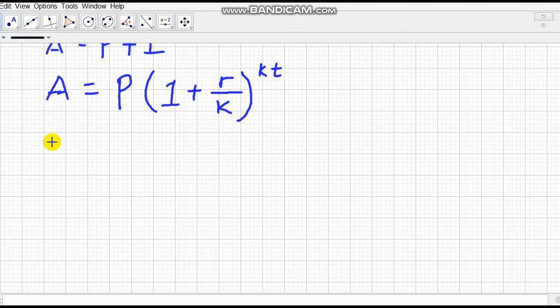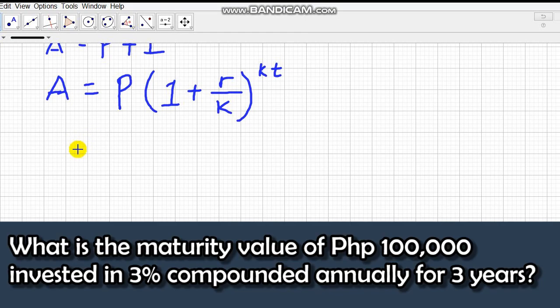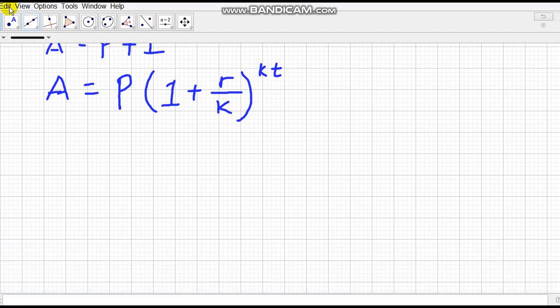So let us have an example here. Let's say this problem. What's the maturity value of 100,000 pesos invested at 3% compounded annually for 3 years? So let's first identify the parts there. The thing that we know first is that we have 100,000 that's invested. So our principal would be 100,000.